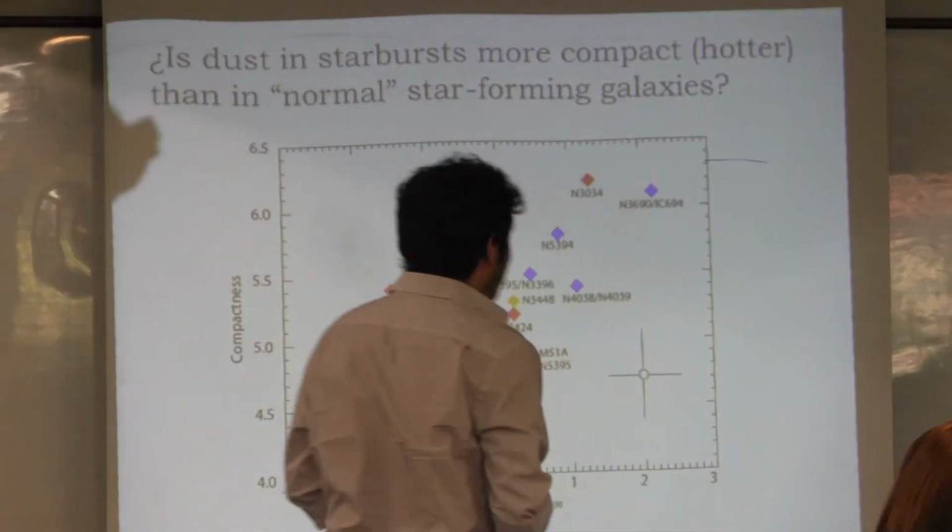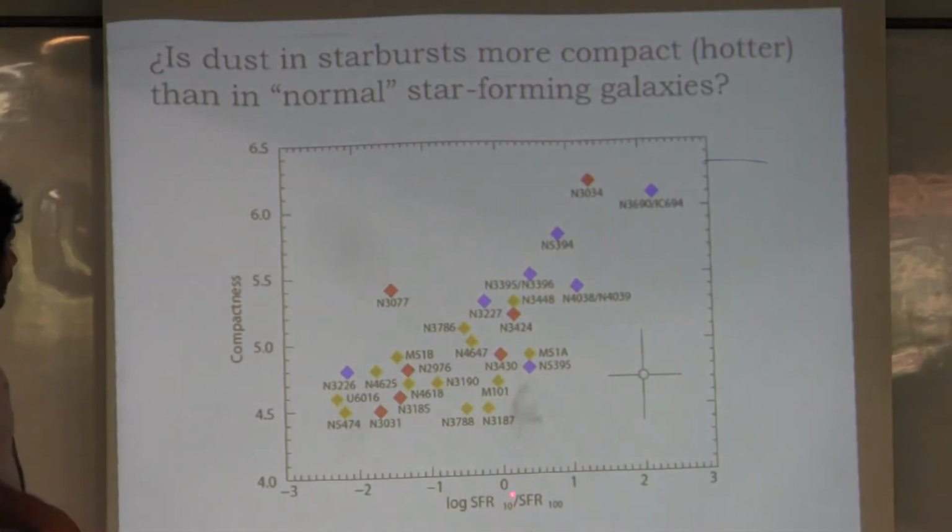And if you plot this ratio here, for example, the ratio between star formation rates over the last 10 million years over the star formation rate over the last 100 million years, which if you assume that a significant part of the stars in the galaxy have formed in the last 100 million years, for example, we can consider there's a tracer of the specific star formation rate.